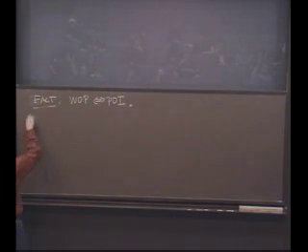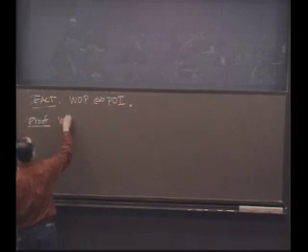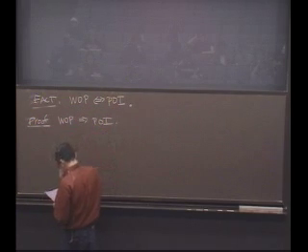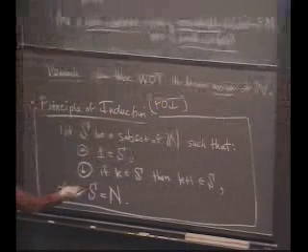Okay. So here's a proof that the well-ordering principle implies the principle of induction. To make most of you happy here, I'm going to prove that if you assume these two properties about S, then it must be the natural numbers.